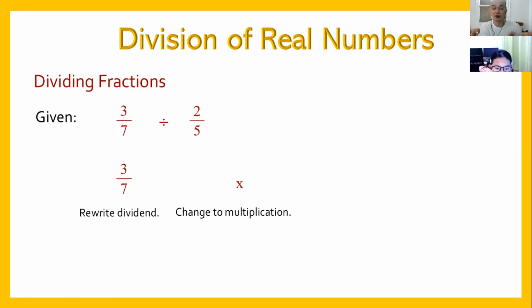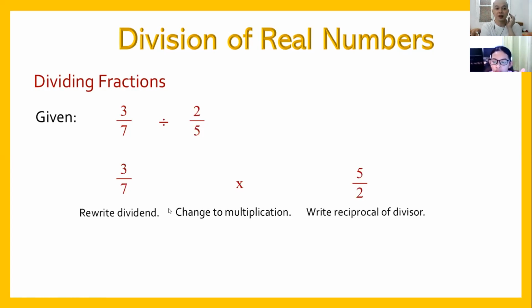And then for the divisor, 2 over 5, you get the reciprocal, which is 5 over 2. As simple as that.